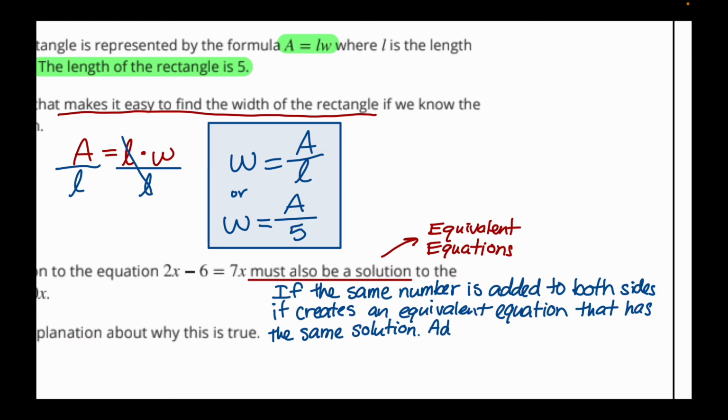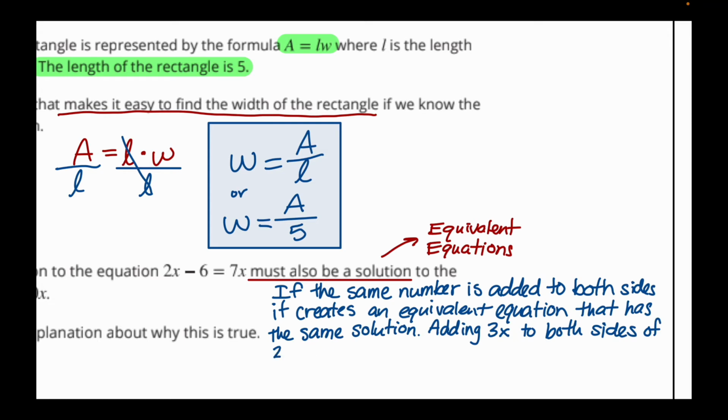And then we can say adding 3x to both sides of the first equation. Or you know what? We can say just both sides and we can write the equation here. That way we can maybe save some space.